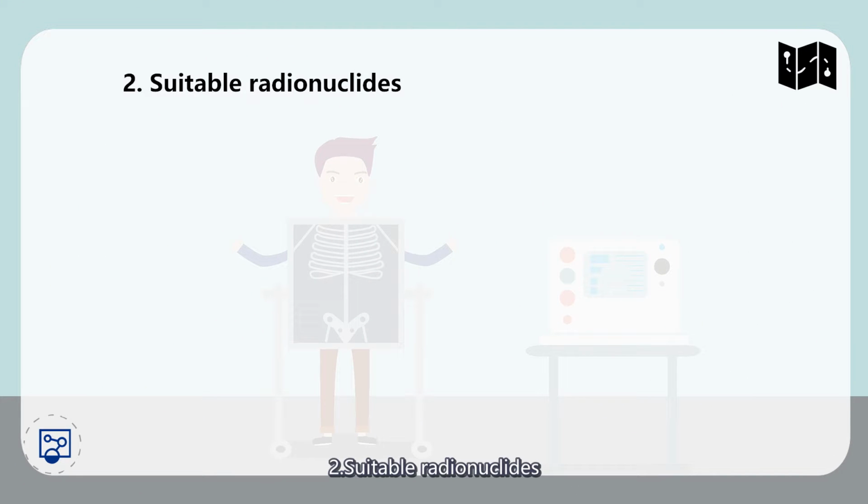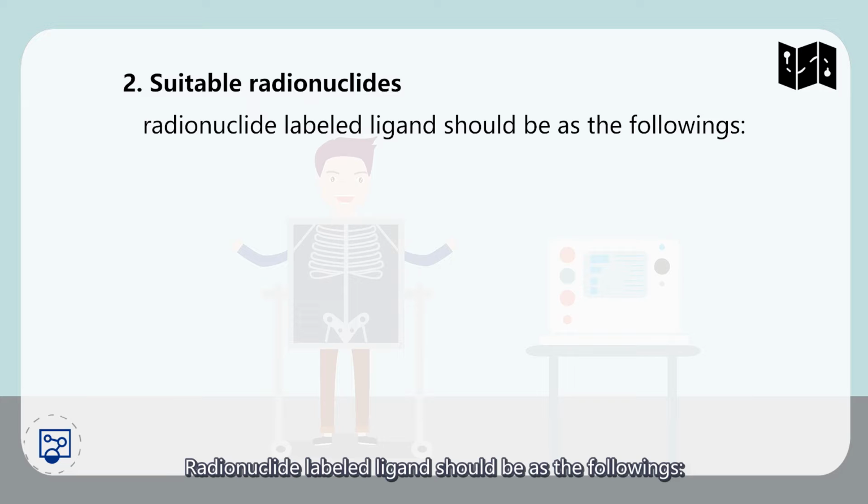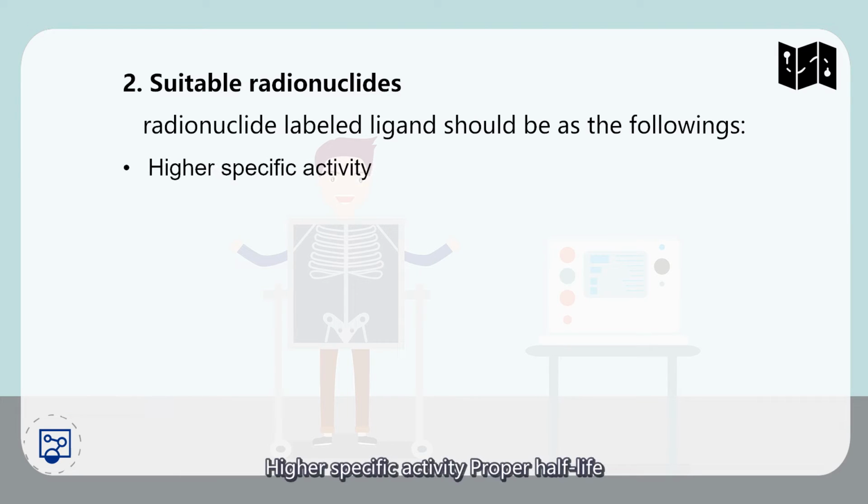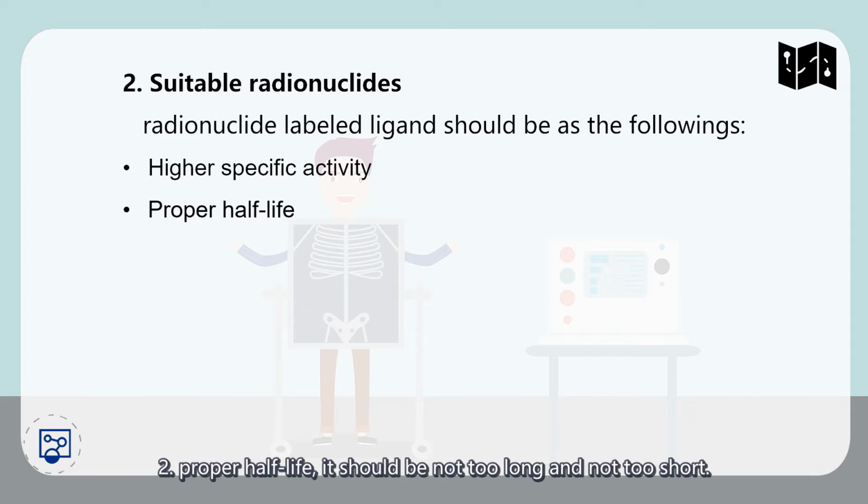A suitable radionuclide. A radionuclide-labeled ligand should have a higher specific activity. That means if you label a ligand with a radionuclide, it should have high specific activity, so it can bind the receptor with high affinity. The second is proper half-life. It should be not too long or too short.